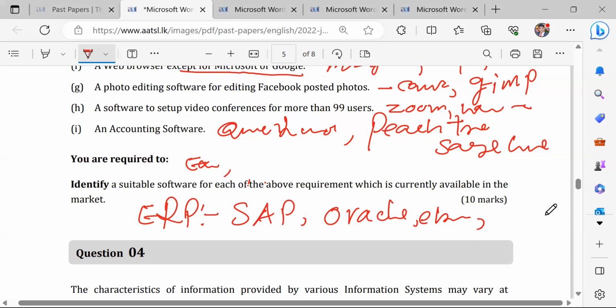In the database also we are writing Oracle E-Business Suite. Write it if you don't know. Oracle E-Business Suite, SAP, Microsoft Dynamics. These are ERP systems, right?